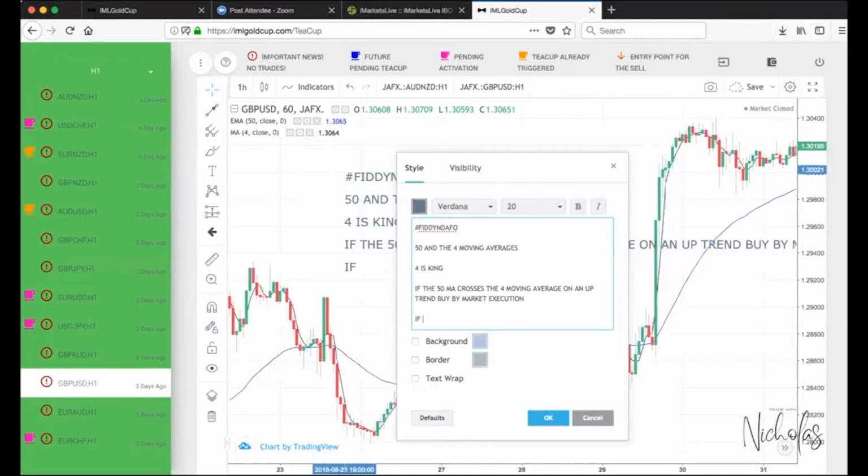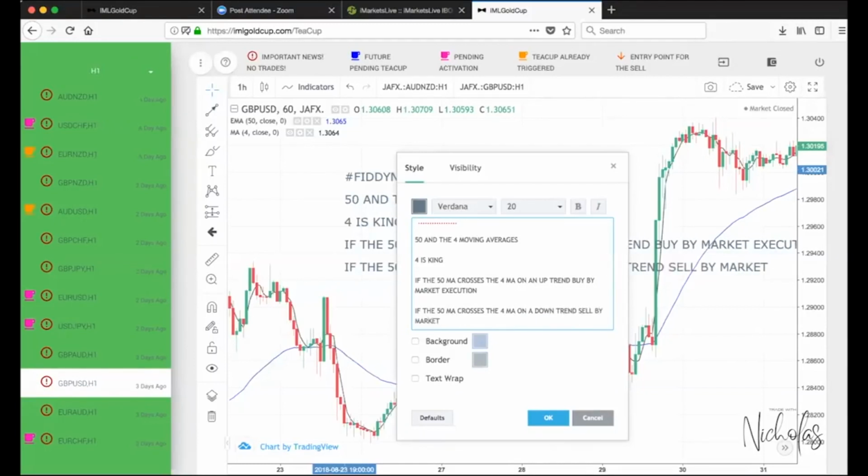Now, if the 50 moving average crosses the 4 moving average on a downtrend, sell by market execution. You guys got that?